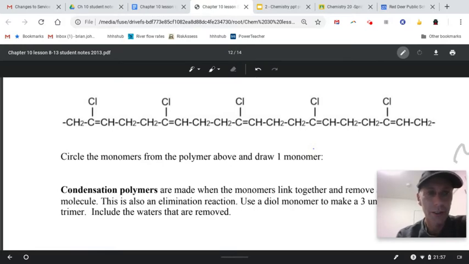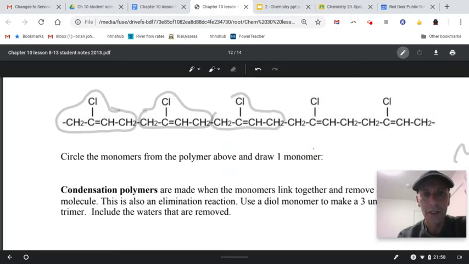Let's take a look. 1, 2, 3, 4, 5. So it looks like my repeating unit will be that. Let's just double check it and see if we can get another one of those of the exact same shape. Yes, okay, so I can keep pulling out the repeating units.